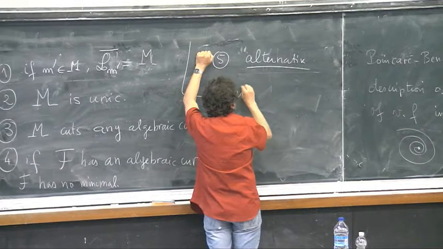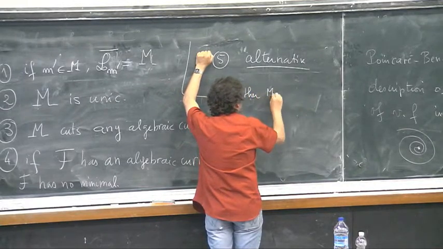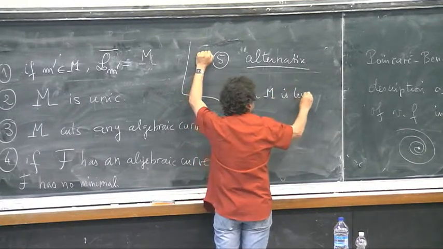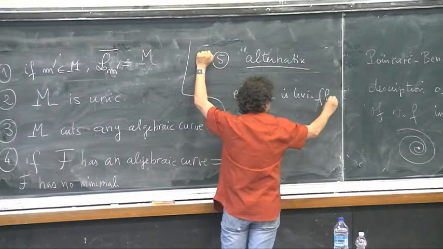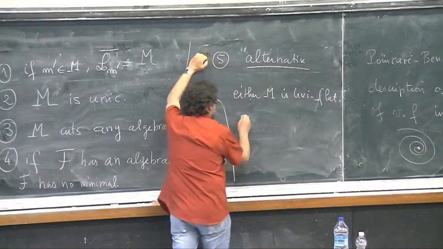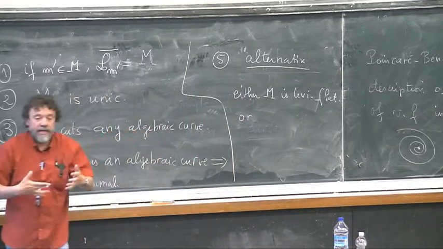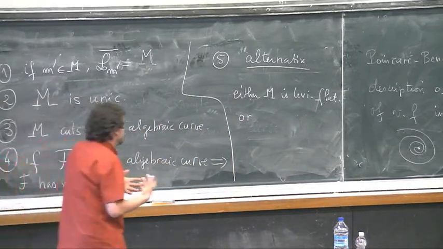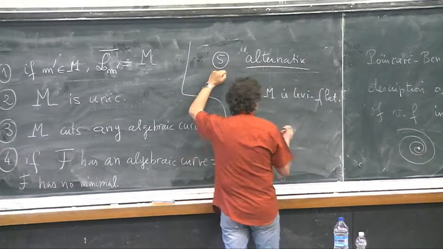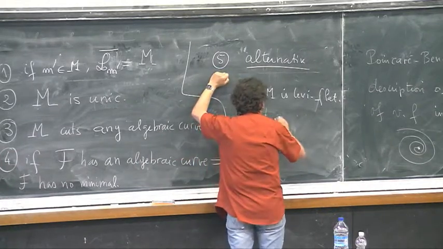Either M is Levi flat, or M is something like a fractal, something like a Julia set, if you know what is a Julia set, is transversally fractal.